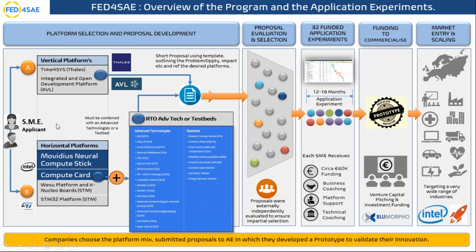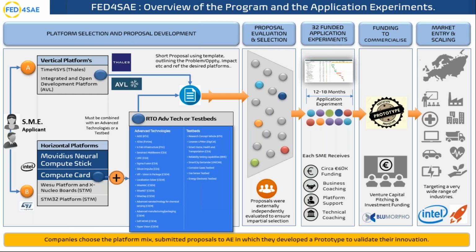Vertical platforms from Thales and from AVL, and horizontal platforms from either ST or from Intel. And we offer two different platforms for companies to innovate upon, either the Movidius neural compute stick or the compute card. And if they chose those horizontal platforms, they had to combine it with an advanced technology or test bed from the RTOs. The RTOs are the research and technology organizations spread across Europe.